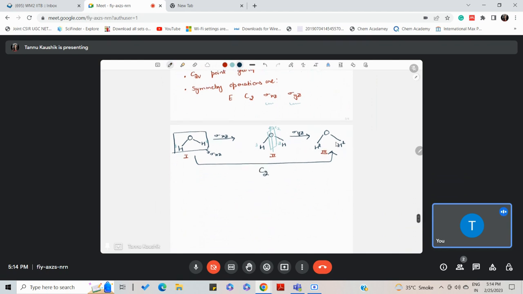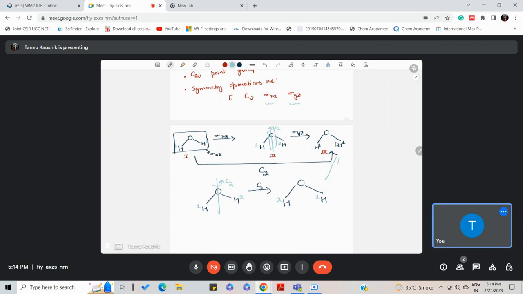if we apply the C2 axis of rotation on this water molecule, then we will get these configurations.